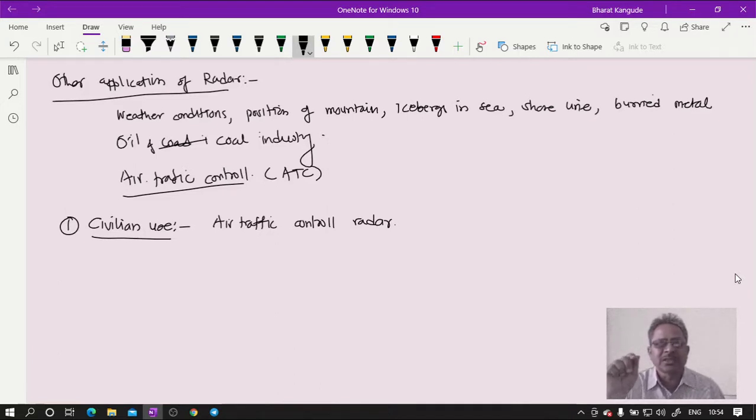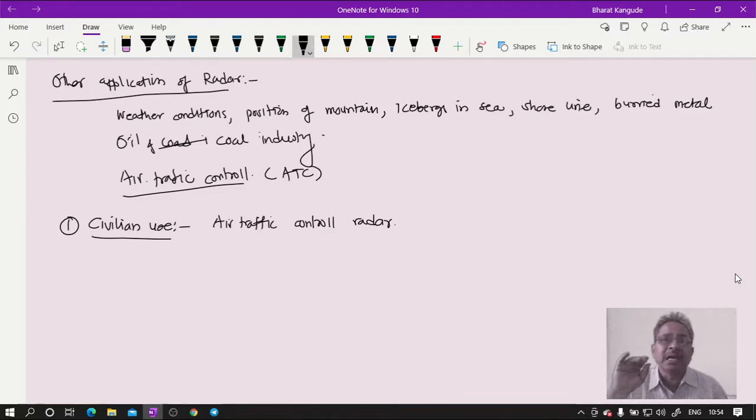So there is one national authority which controls our sky, and there is continuous surveillance of our airspace, and only the aeroplanes or helicopters or such other objects which have legal permission from the government are allowed to fly in the Indian airspace.